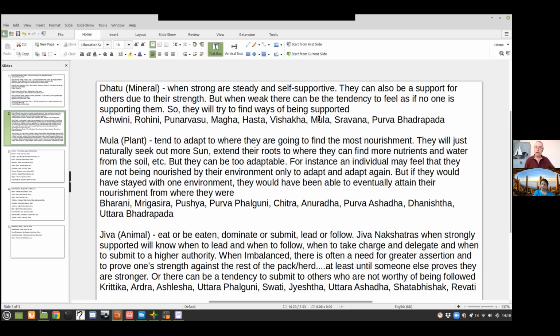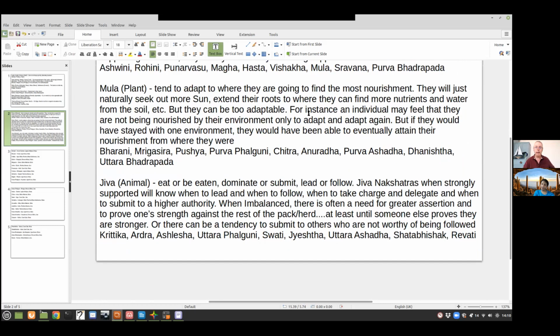The plant nakshatras are Bharani, Mrigashira, Pushya, Purva Phalguni, Chitra, Anuradha, Purva Ashadha, Dhanishta, and Uttara Bhadrapada. And animal nakshatras are Kritika, Ardra, Ashlesha, Uttara Phalguni, Swati, Jyeshtha, Uttara Ashadha, Shatabhisha, and Revati nakshatras.